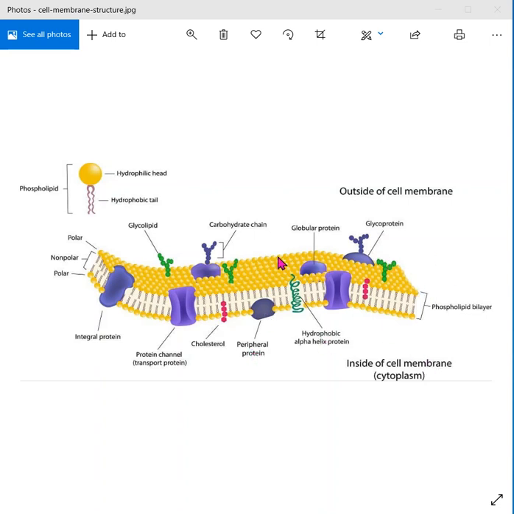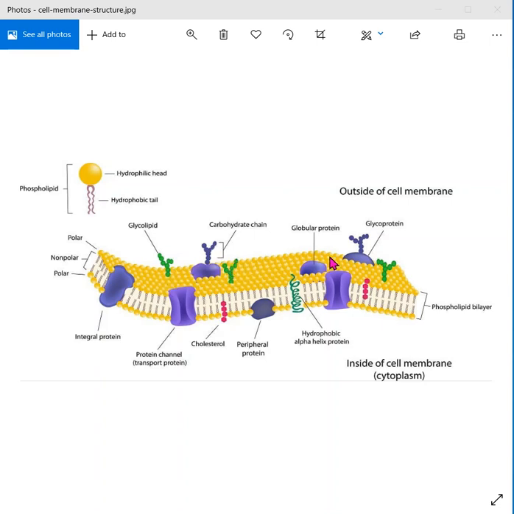And the last component right here is these chains, in dark blue color and also in green color. These types of chains or tails we call carbohydrate chains, which are nothing but sugar molecules. These sugar molecules attach to the lipid. Sometimes they are also attached to the protein. If it is attached to the protein, we call it a glycoprotein. And if it is attached to the lipid, we call it a glycolipid.